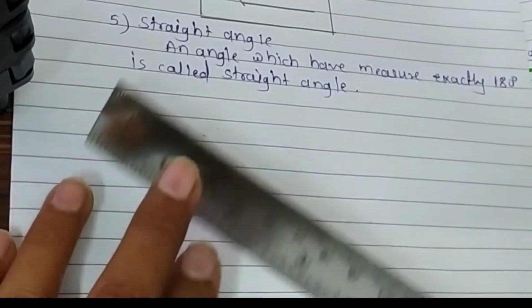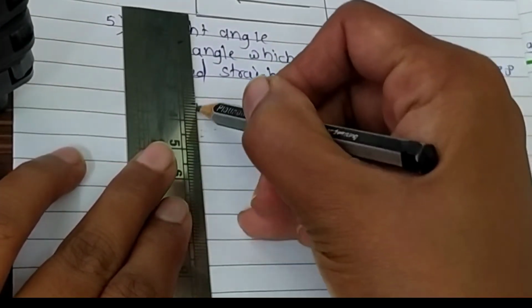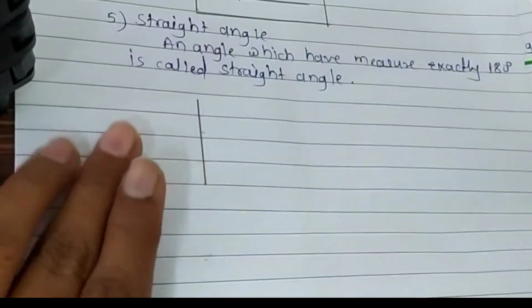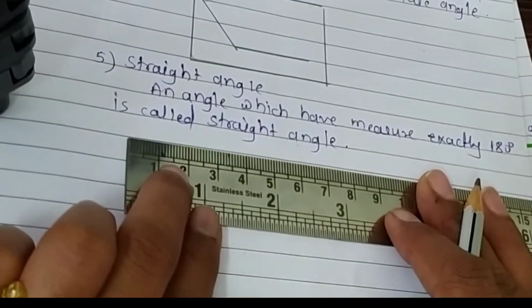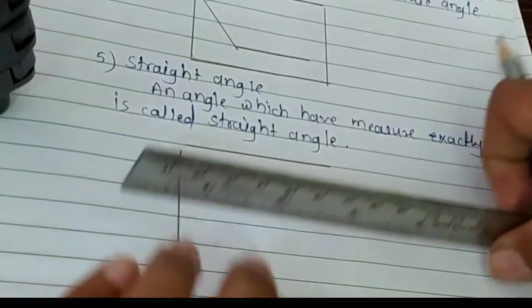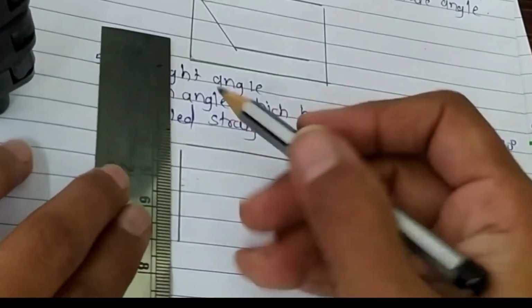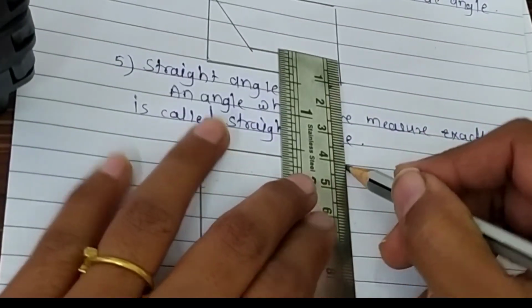So the figure of a straight angle looks like this. Remember, you should always use a pencil for drawing figures.